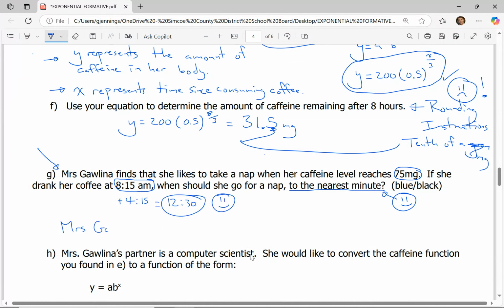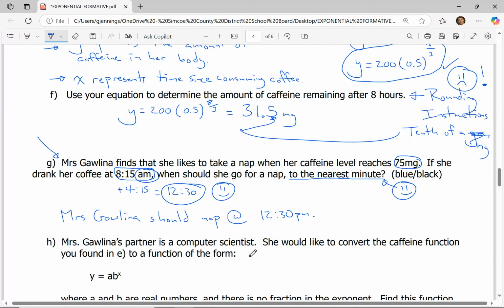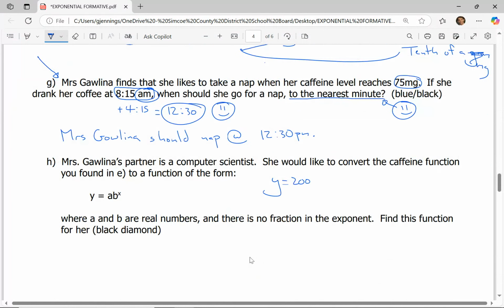Now, Miss Galina's partner, she's a computer scientist, and she would like to convert this caffeine function, which was y equals 200 multiplied by 0.5 raised to the power x on 3. She would like to convert that to a function of this form, where there's no fractional exponent. Find the function for her.